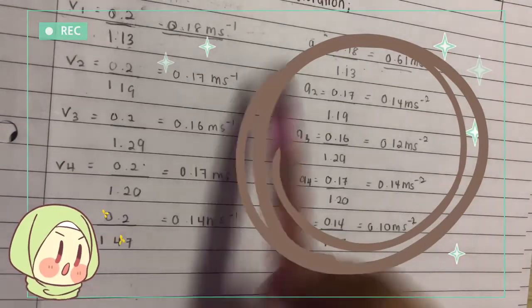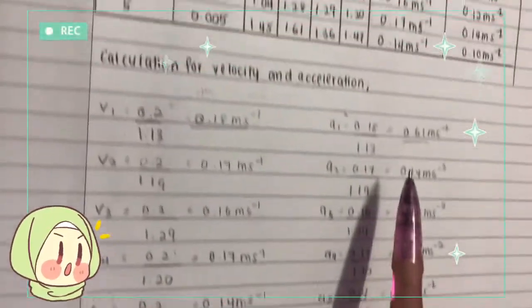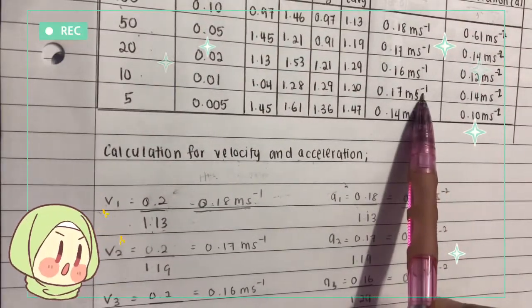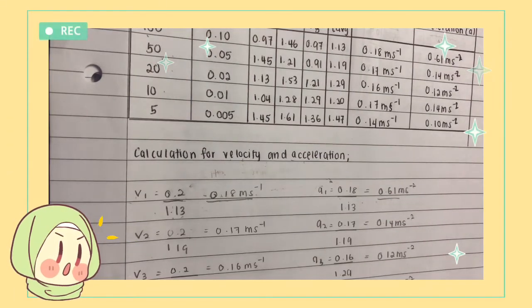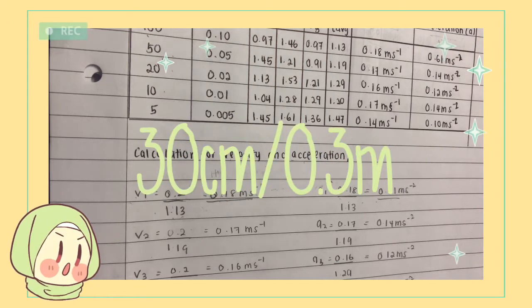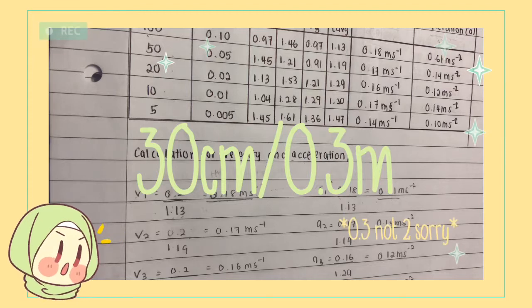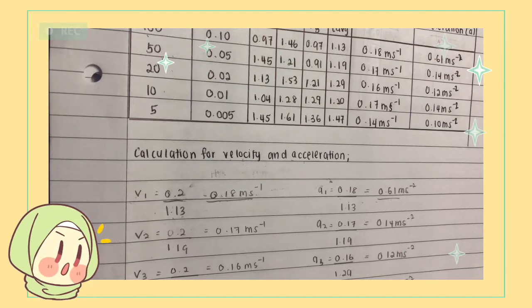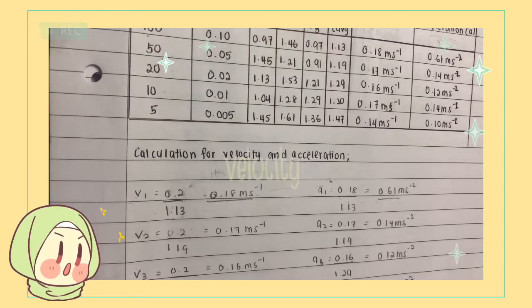And then after you finish all this, you put it inside the table. So now we've seen the steps for test 1, then we can move forward to the second test, whereby the height is going to be 30 cm, which equals 0.3 meters, and we are going to find the velocity and also the acceleration.